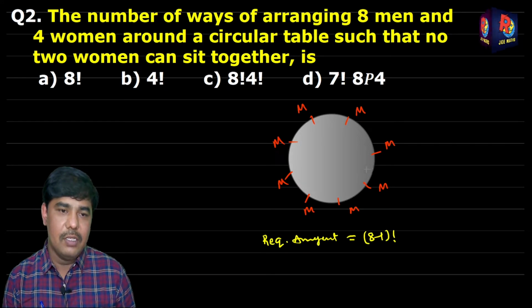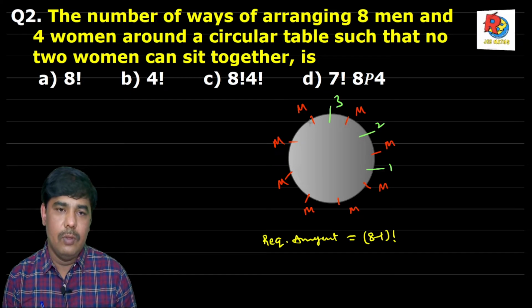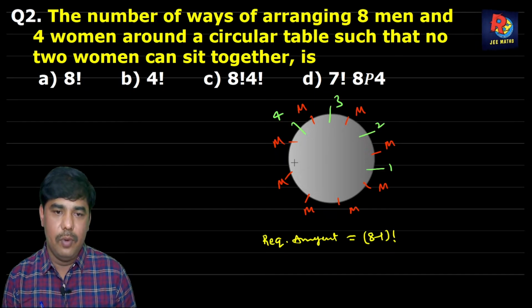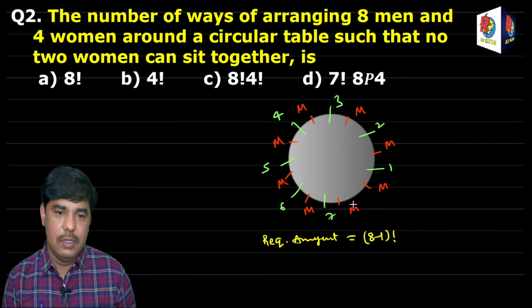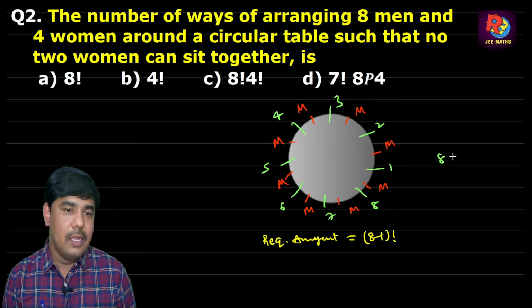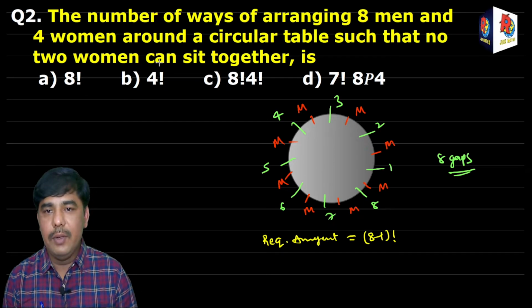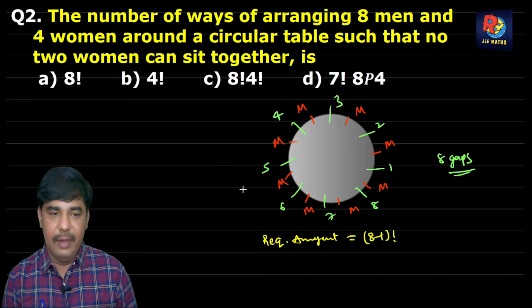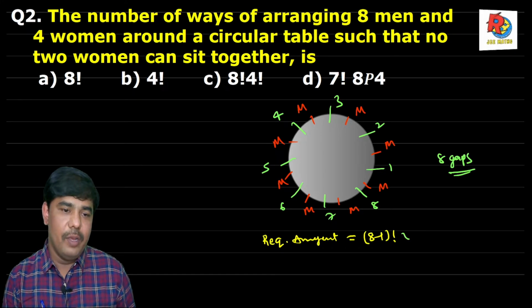You can observe this: 1, 2, 3, 4, 5, 6, 7, 8 gaps. In these 8 gaps, we need to arrange 4 women.